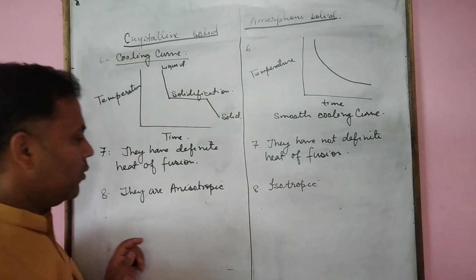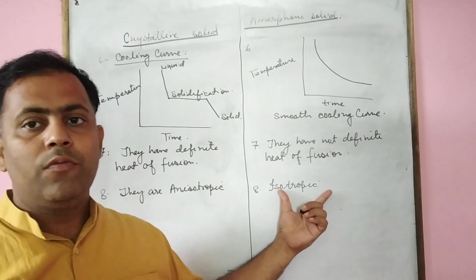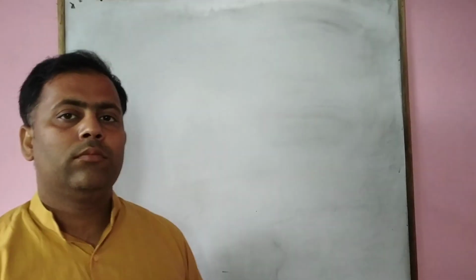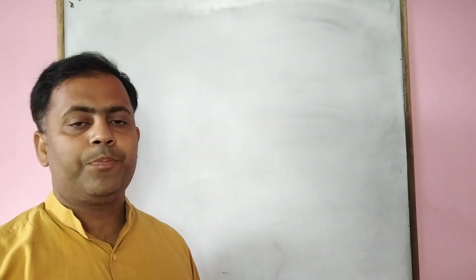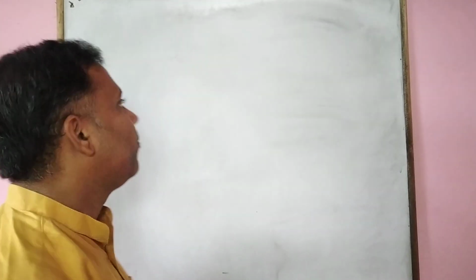What do you mean by anisotropic and isotropic? We will discuss it. Clear? Let us discuss the isotropic and anisotropic property.